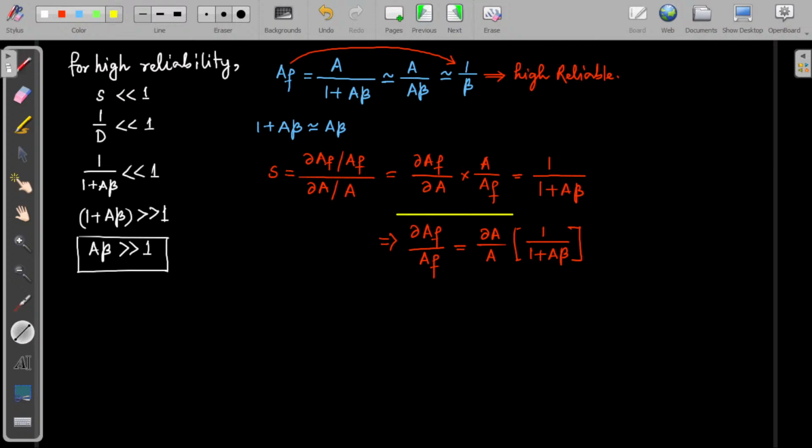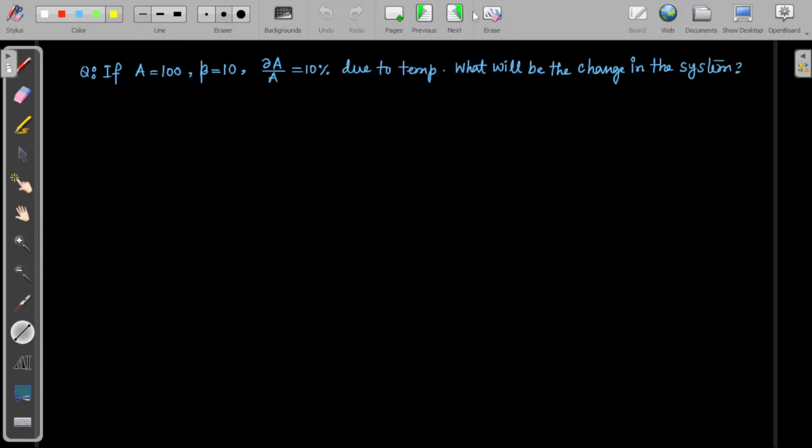All the equations which will be very useful in the case of numericals, we are making a box of them. All the equations marked by boxes will be very important in numericals. So let us go into the numerical. A numerical says that if A is 100, beta is 10, and del A by A is 10% due to temperature, what will be the change in the system?